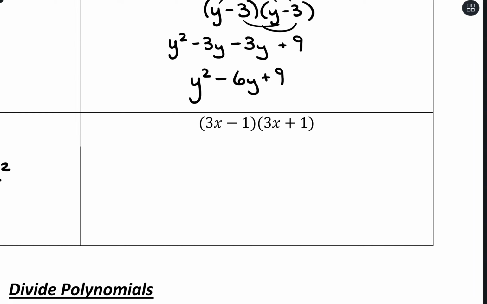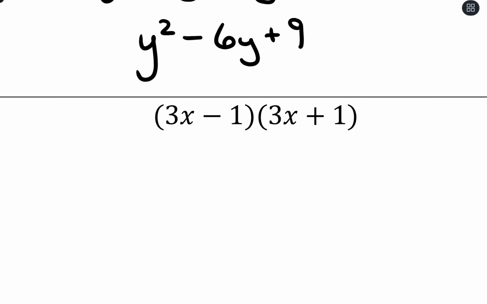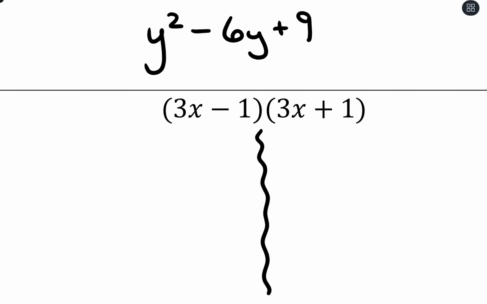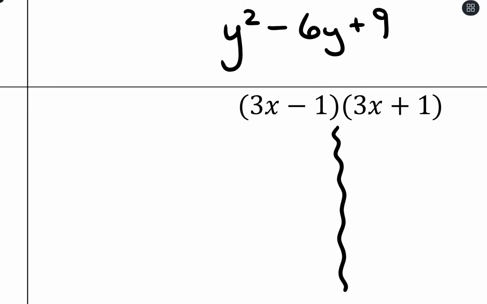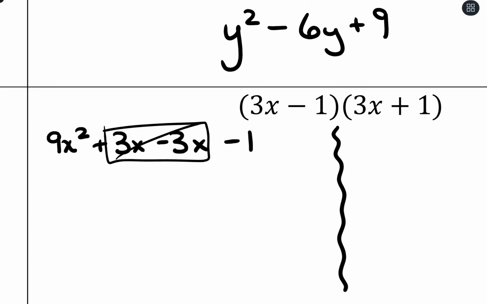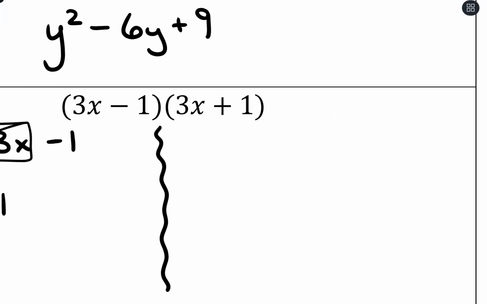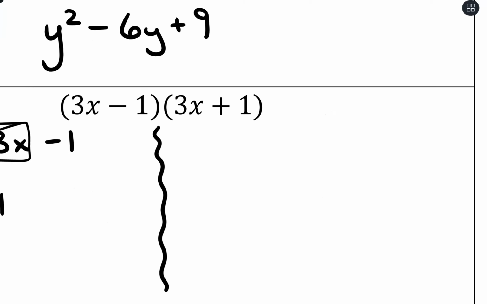All right, last one here is our difference of squares. So, in fact, let me show you two ways to do it, with a shortcut and with FOILing. So with FOILing, I'm going to have 3x times 3x plus 3x minus 1. And those middle terms are going to cancel out, so I'm going to have 9x squared minus 1. Another way to go about this is to recognize that you'll have the difference of squares.